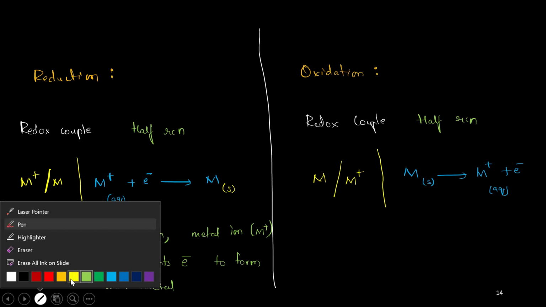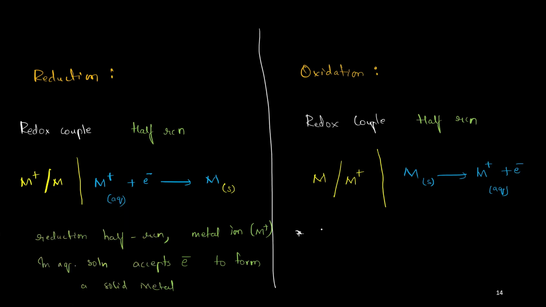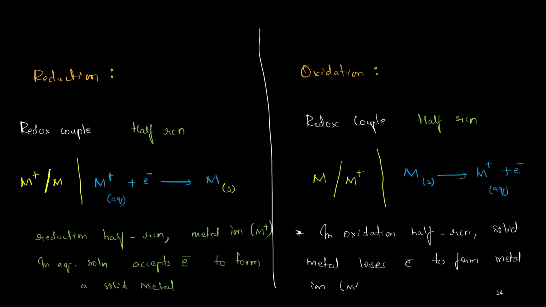So remember, in the oxidation half reaction, a solid metal loses an electron to form a metal ion in aqueous solution. Is that clear? Understood?